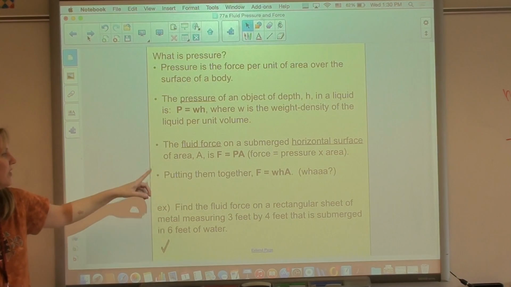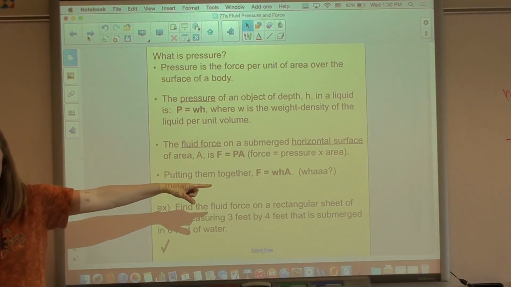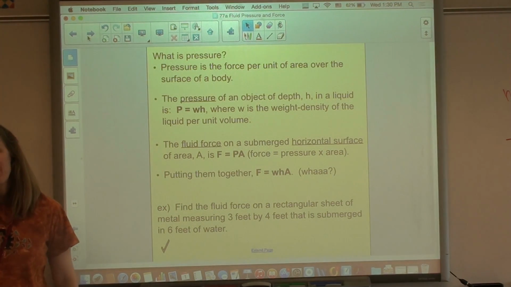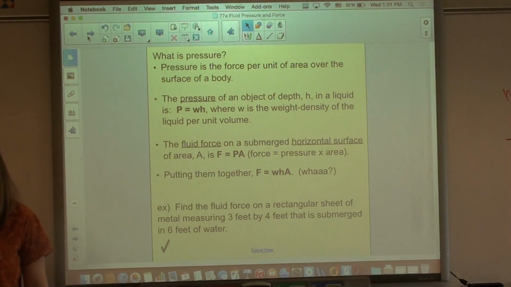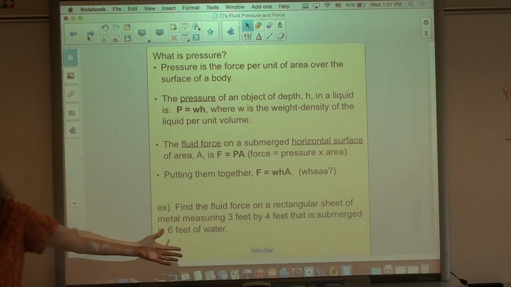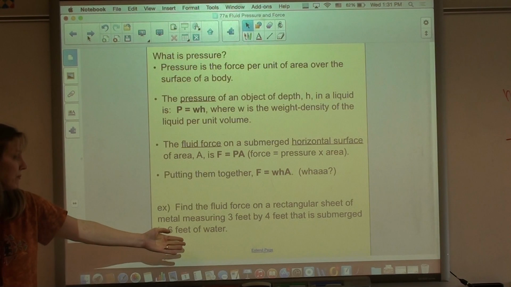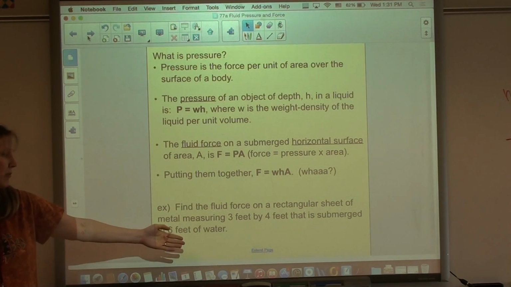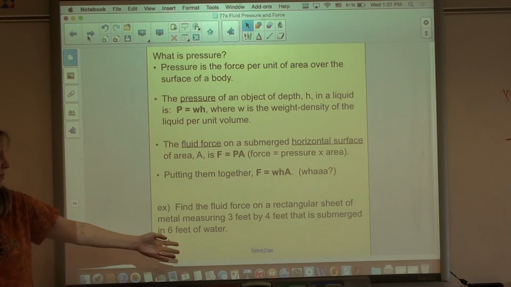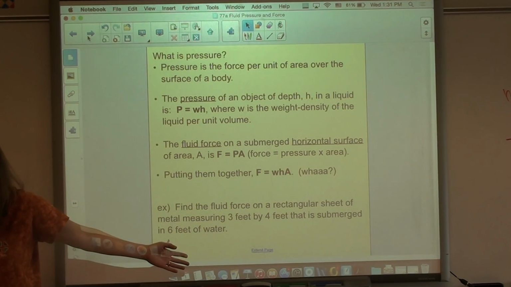So this is really easy when the depth is just one number, meaning that the object is horizontal. If the object is horizontal in the water, then the depth is just one number and the problems are really simple. For example, find the fluid force on a rectangular sheet of metal that measures 3 feet by 4 feet and is submerged in 6 feet of water.